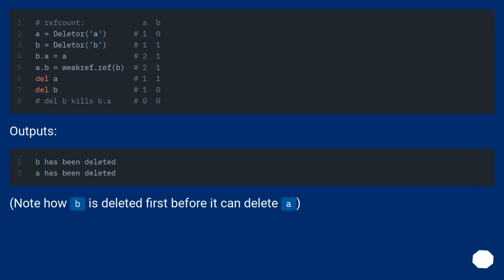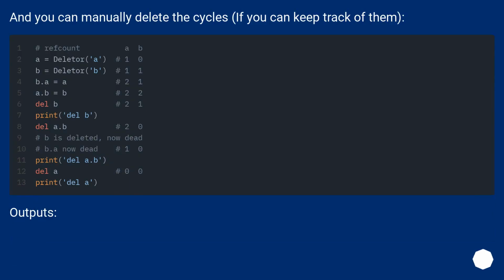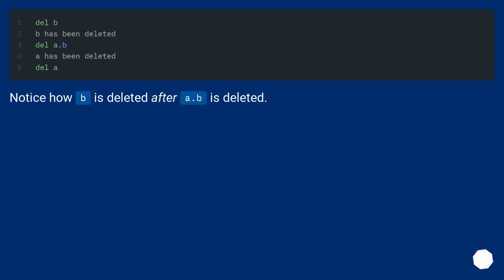Note how B is deleted first before it can delete A. And you can manually delete the cycles, if you can keep track of them. Outputs. Notice how B is deleted after a.b is deleted.